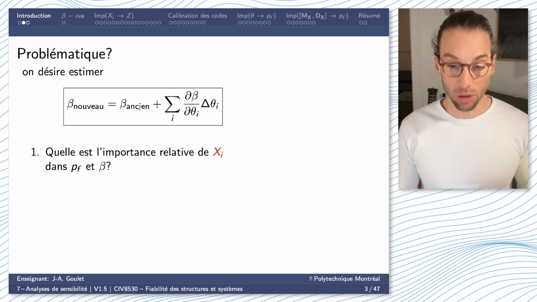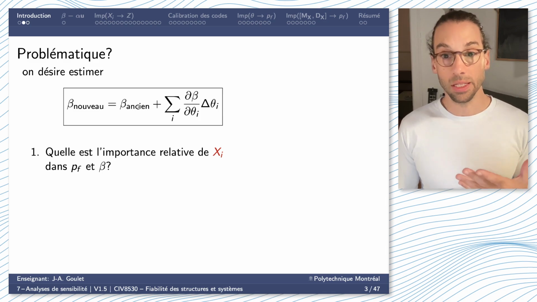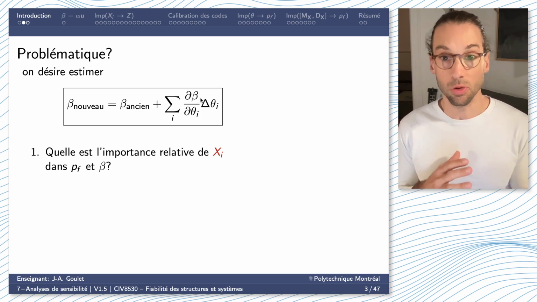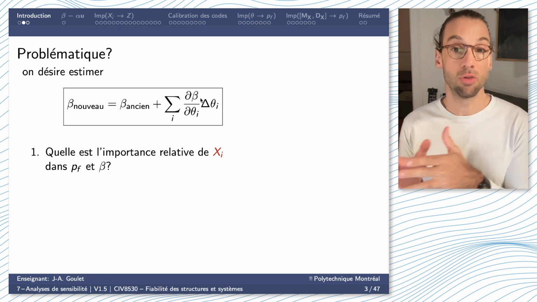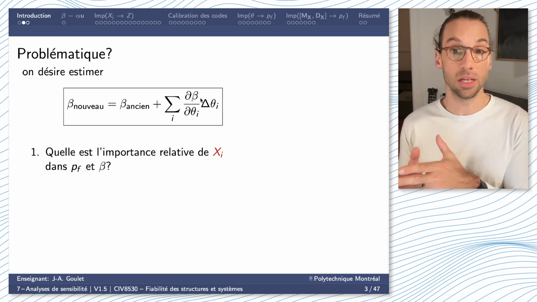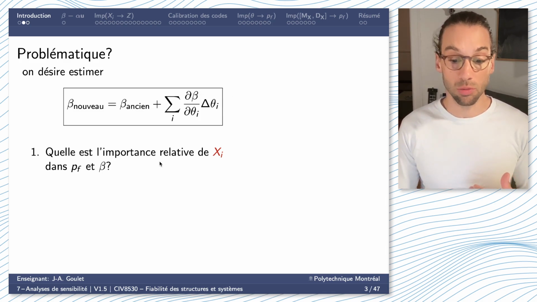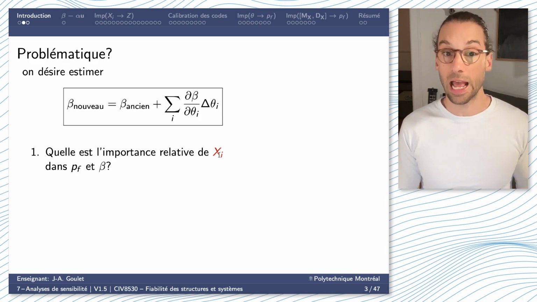Then I need to take the current beta estimate and intervene on the structure, either by putting reinforcement in place or by gathering information to reduce some of the uncertainty associated with my random variables. But the first question is, what is the relative importance of each of my random variables, to know on which one I should act?